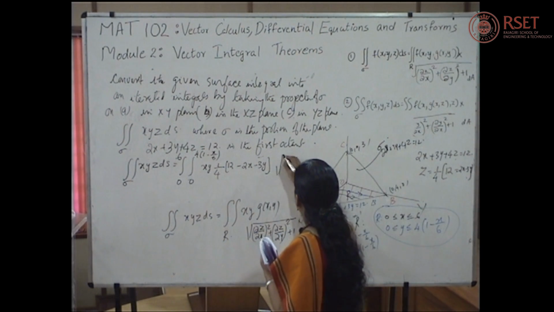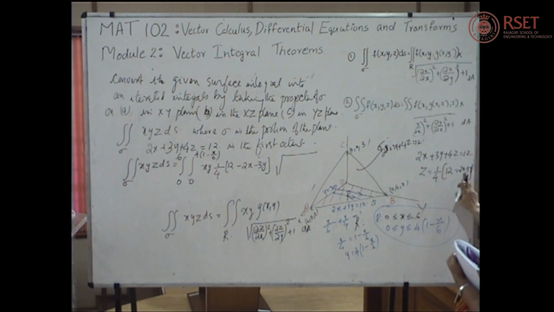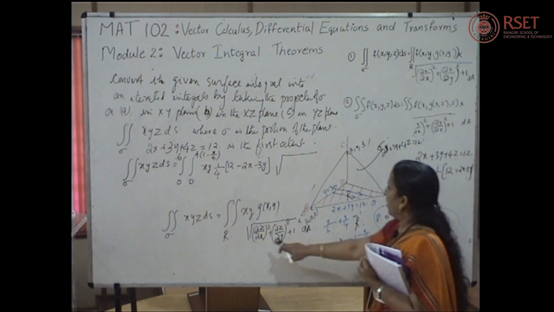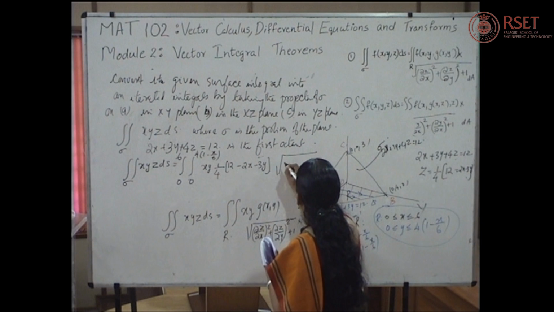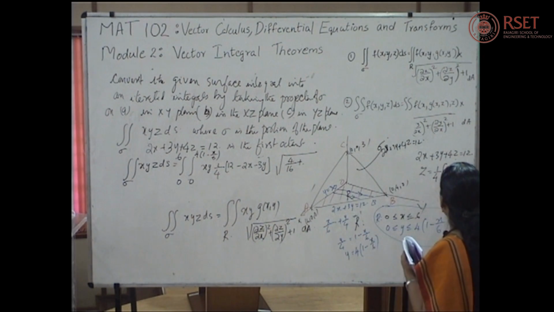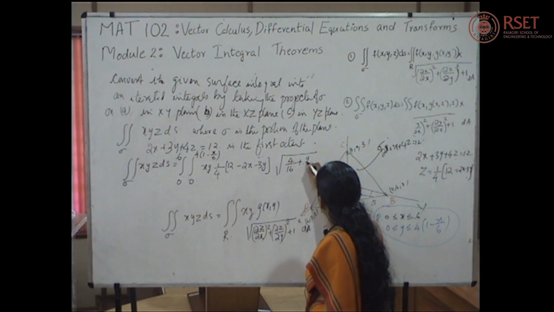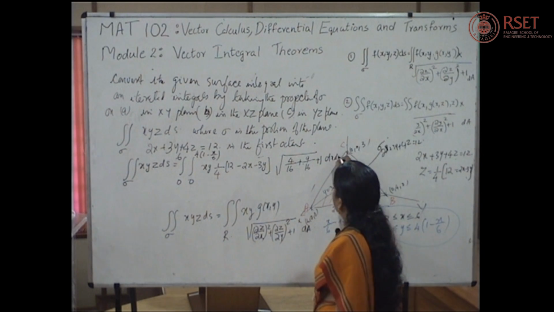That is square root of, since z is equal to 1 by 4, 12 minus 2x minus 3y, dou z by dou x is equal to minus 2 by 4, minus 2 by 4 whole square, that is 4 by 16, plus dou z by dou y is equal to minus 3 by 4, minus 3 by 4 whole square, that is 9 by 16, plus 1, dx dy.